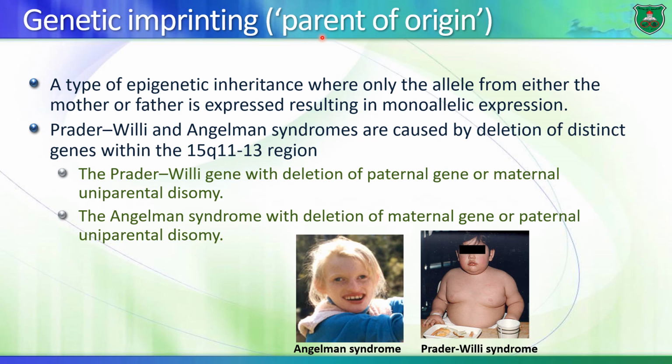The opposite is true. Now there are two conditions known as Prader-Willi and Angelman syndromes, and both of them are caused by deletion of a distinct region on chromosome 15. It has been shown that even though the same region is deleted, two different syndromes appear.